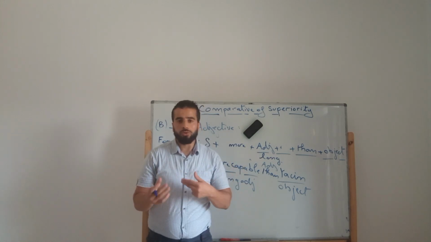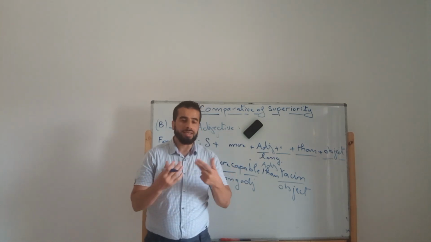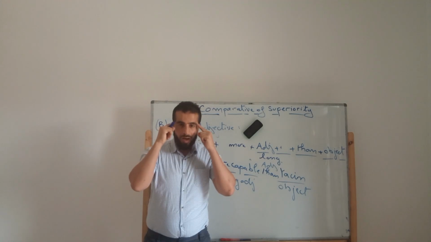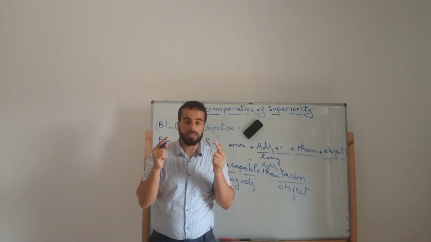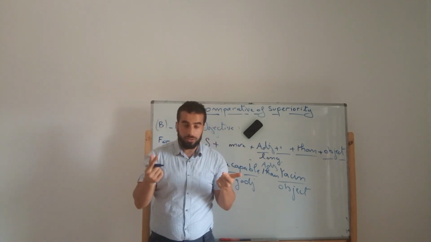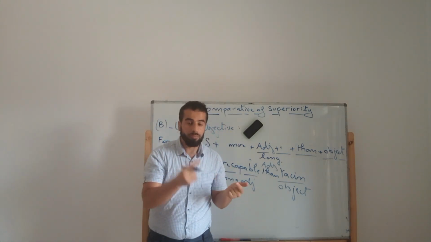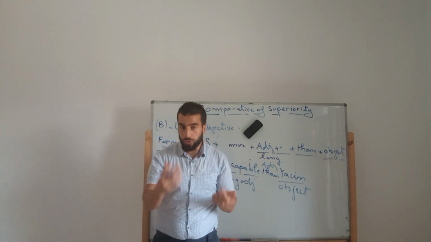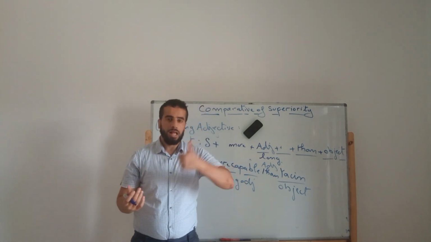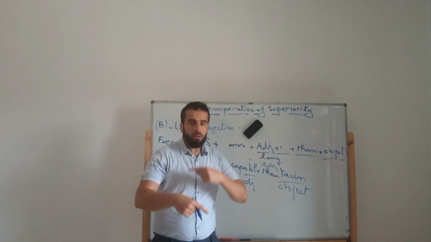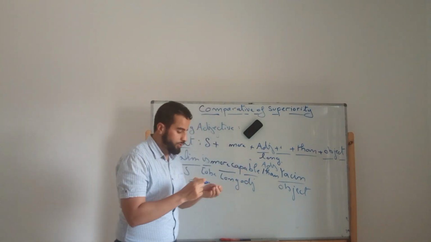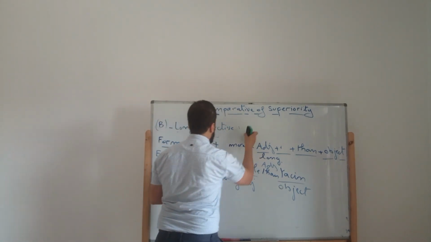You can use it based on how you conceptualize a word based on your understanding. Read the word and understand, is it a long adjective or a short adjective? This is simple. So now we move to the second type, which is equality.